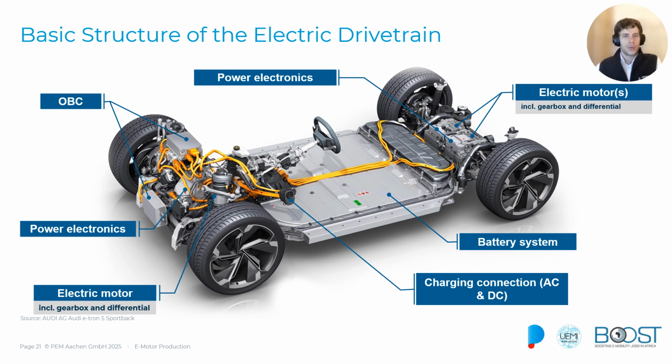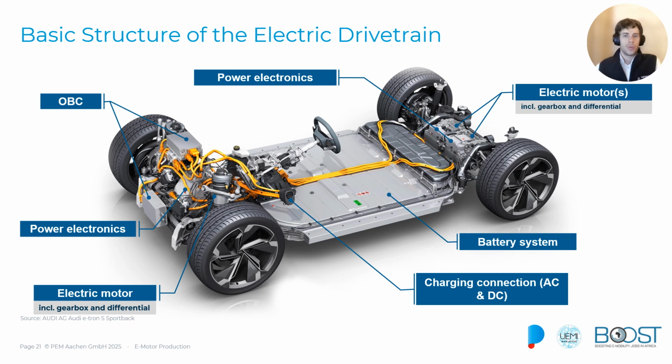On this slide, we see the basic structure with all important components for a full electric vehicle drivetrain. We can find our motors on the front, the rear, or on both axles.